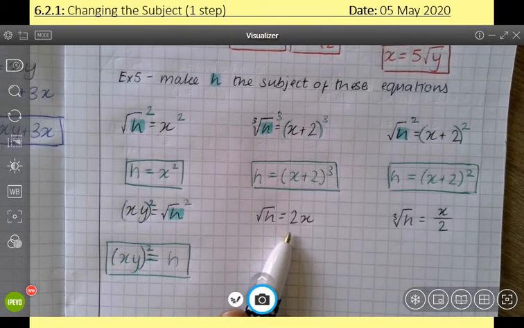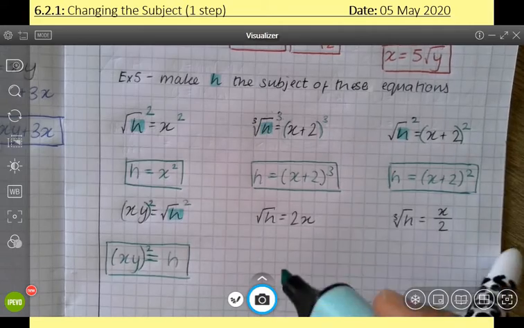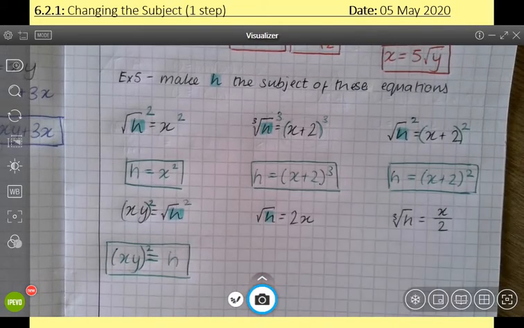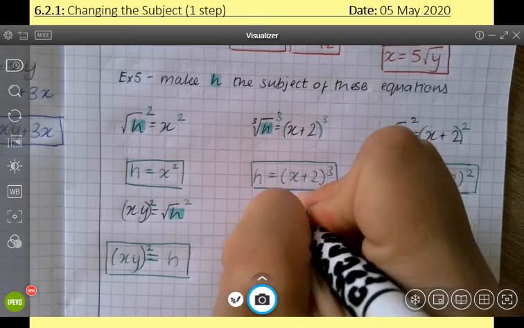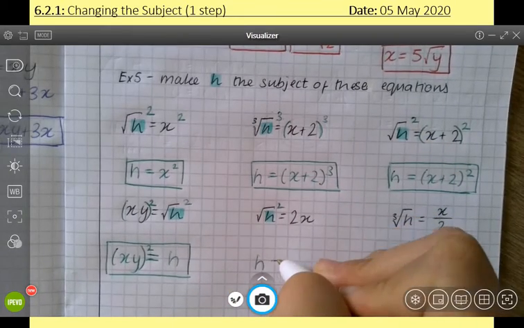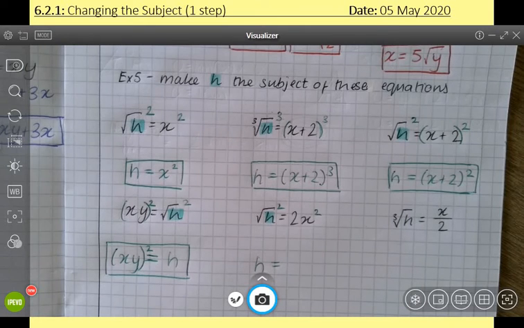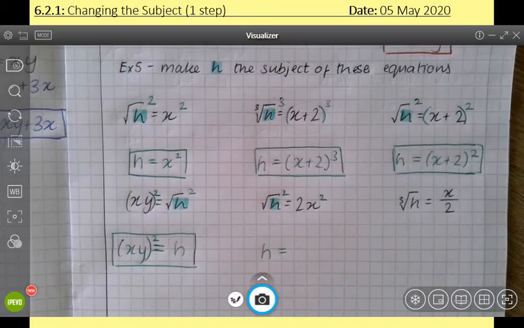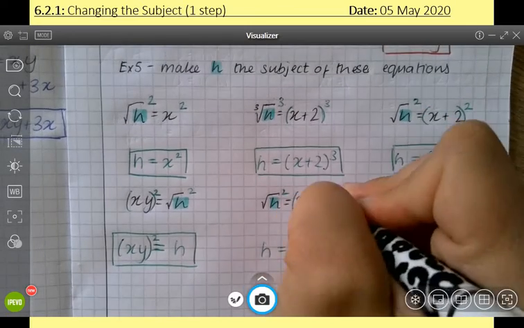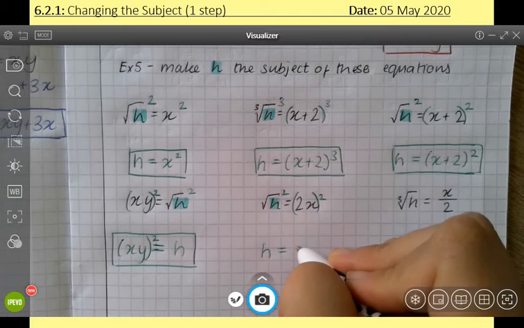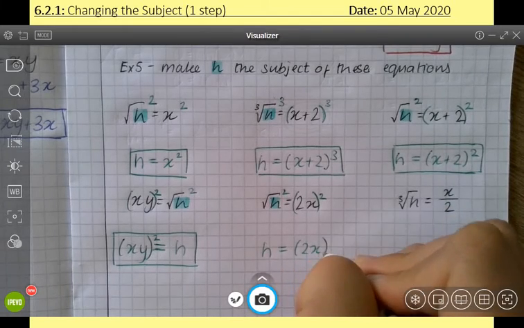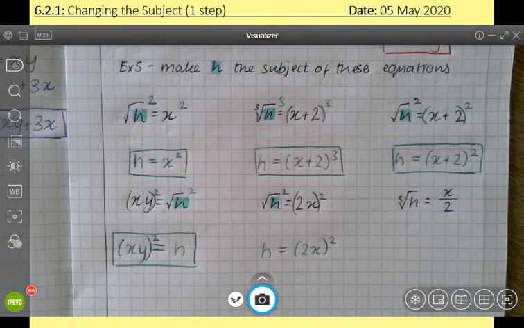The next one, we want to make h the subject and h is inside a square root again. So that means we're going to square to get h by itself. And again, I'm not just going to put a 2 here. I need to square everything on that side of the equation. Everything. So I'm going to use brackets because I need to do the whole of 2x all squared.